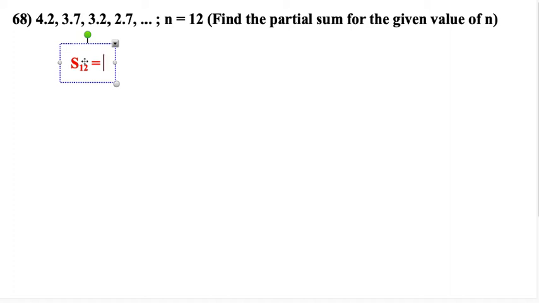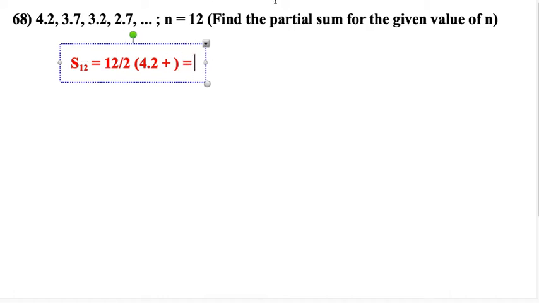Well, actually, we know it's going to be 12 divided by 2. Remember, it's number of terms divided by 2 always, times the first term plus the last term. Now, we don't know what that is quite yet. Let's leave a little bit of space here, and that will give us our sum.